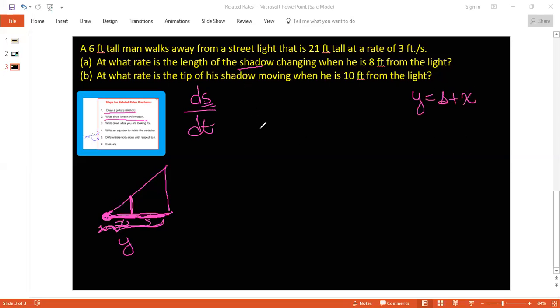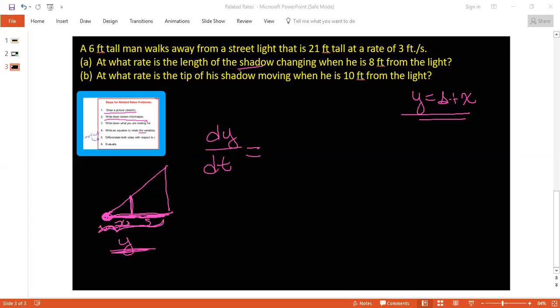So I can use this formula and take the derivative of it. I'm going to differentiate it implicitly. Now I want to know this whole change, so that's dy/dt with respect to time.